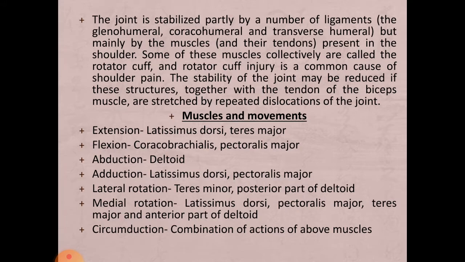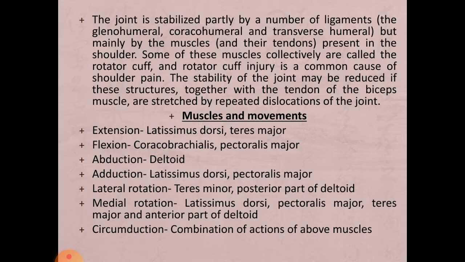Abduction is moving your arm away from the body, and adduction is moving your arm towards the body. For the adduction you have one extensor and one flexor of the shoulder joint: the extensor is the latissimus dorsi muscle, and the flexor is the pectoralis major muscle. So for the adduction you have the latissimus dorsi and the pectoralis major muscle.